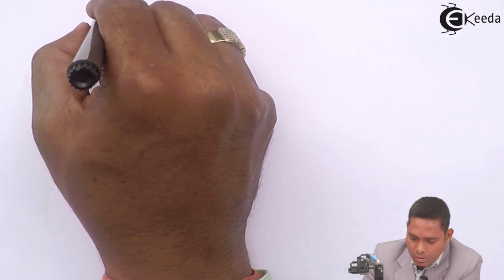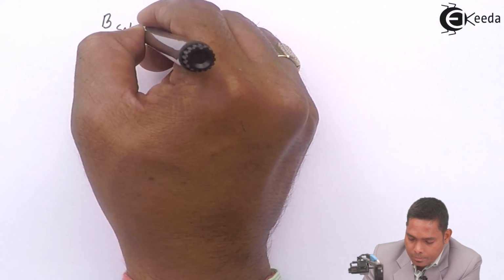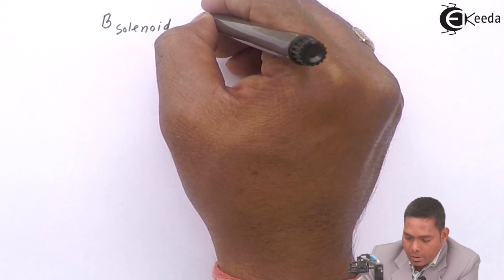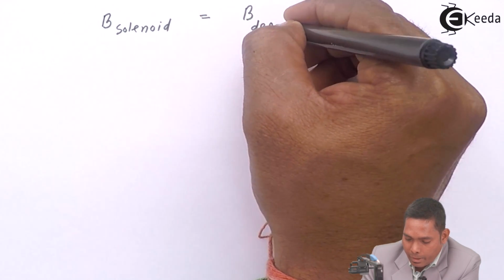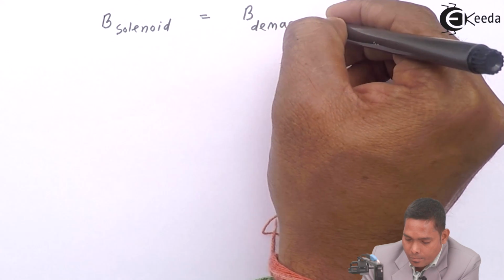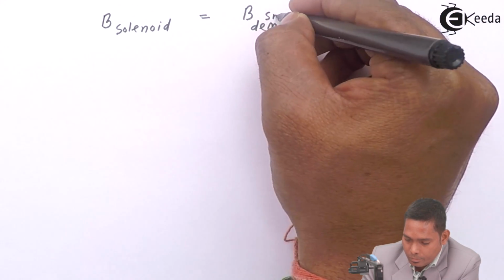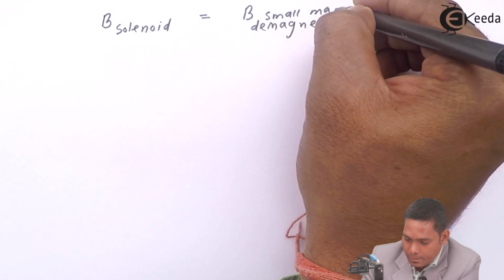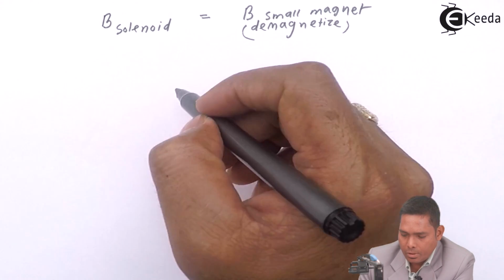So now the magnetic field due to the solenoid is used to demagnetize the small magnet. Your purpose is to demagnetize the small magnet.